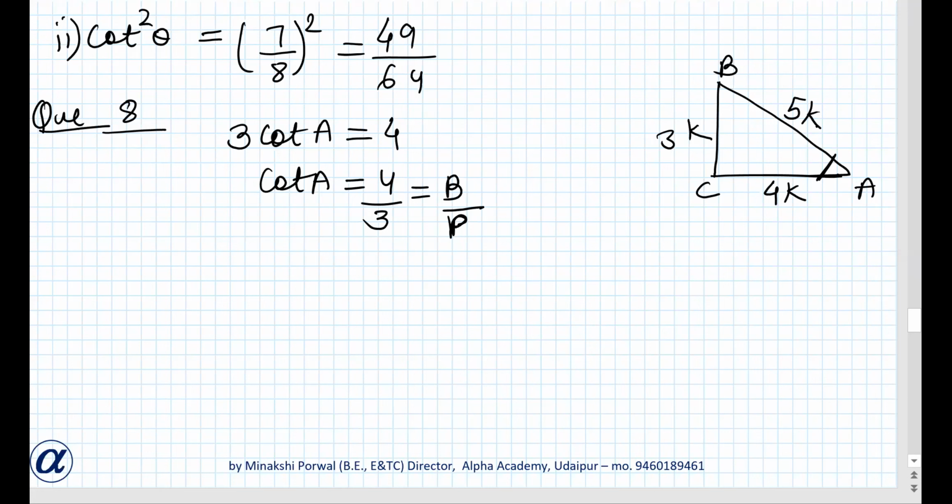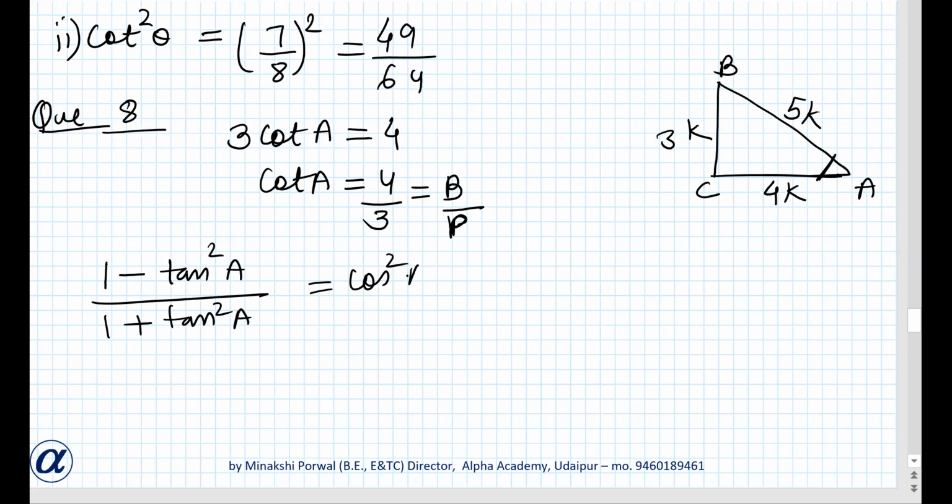Then we have to find 1 minus tan square A upon 1 plus tan square A and check whether it is equal to cos square A minus sine square A. This we have to check. So cot A is given. Tan A we can directly find from here.